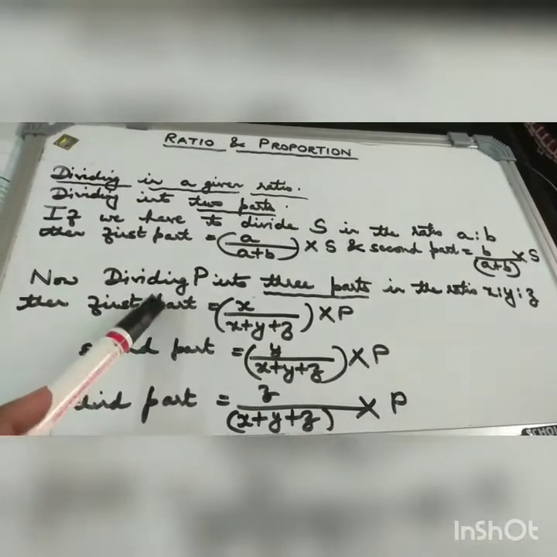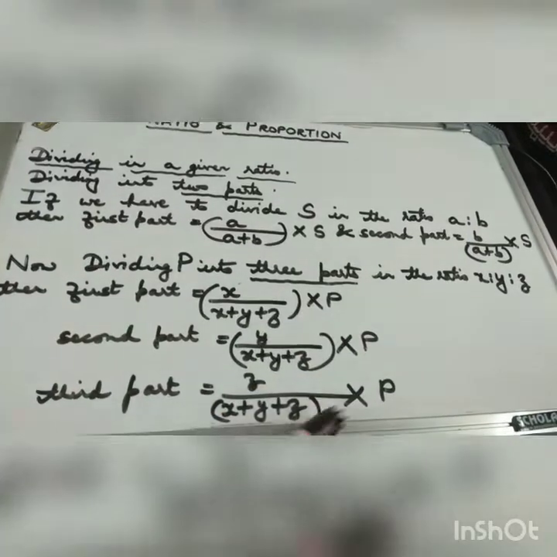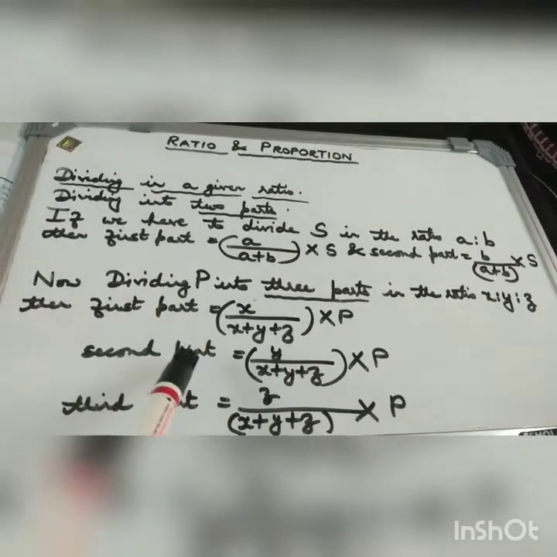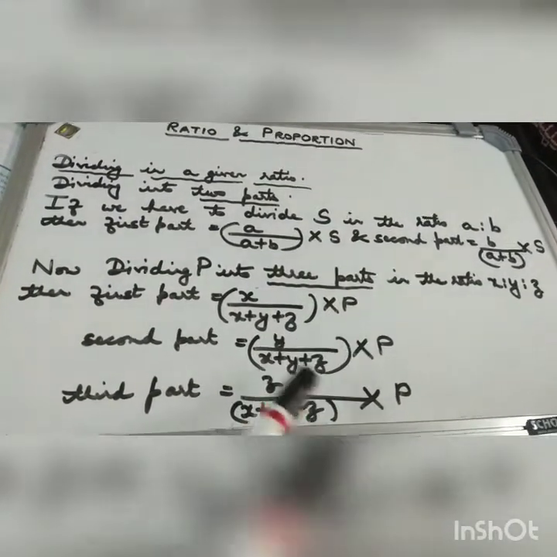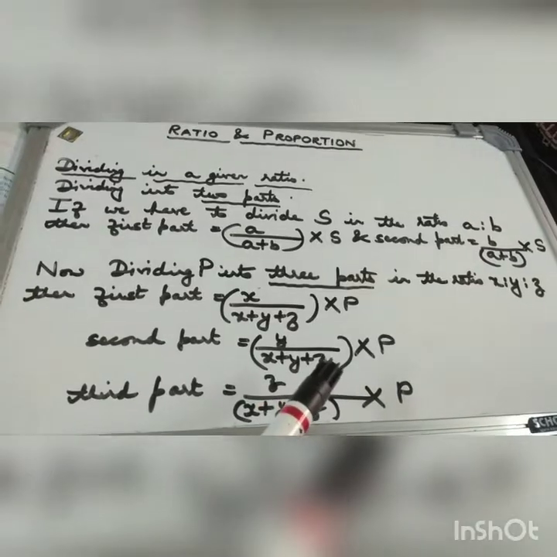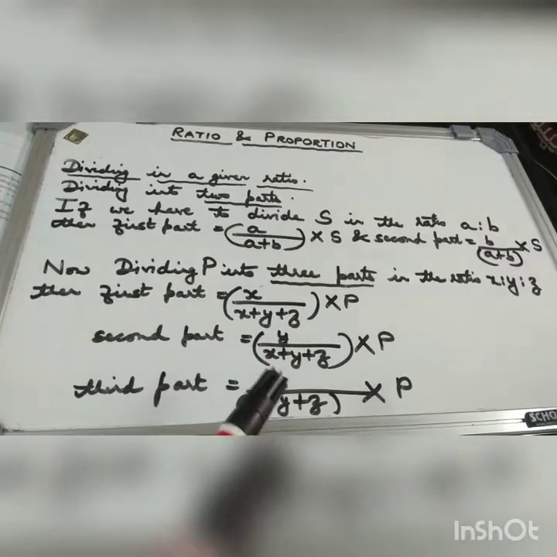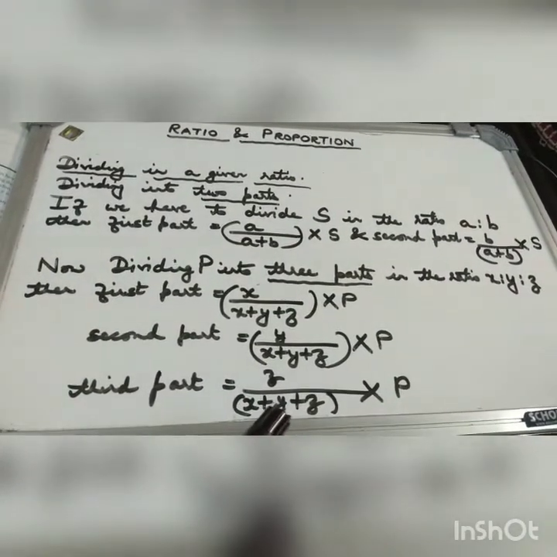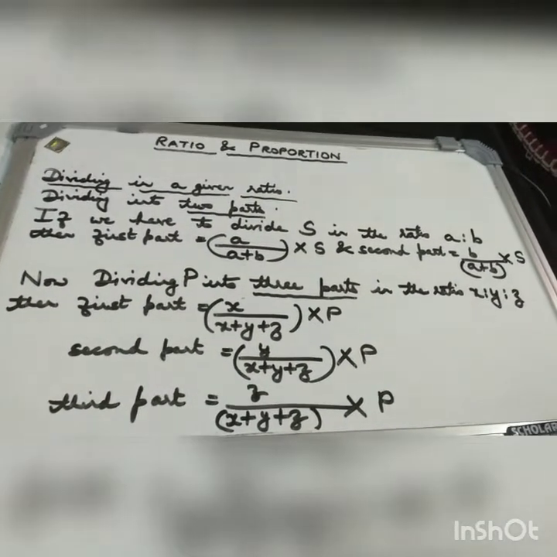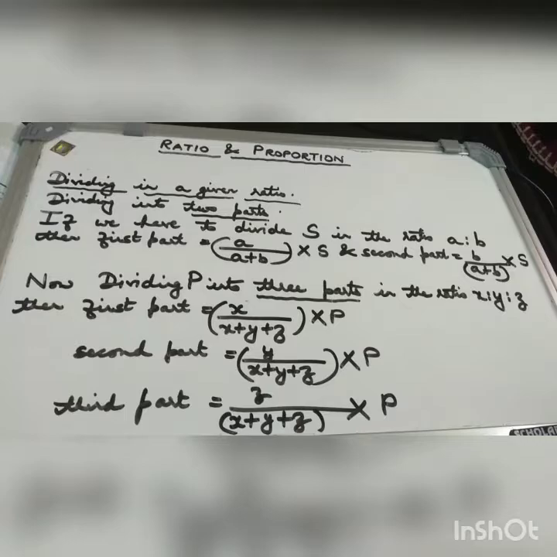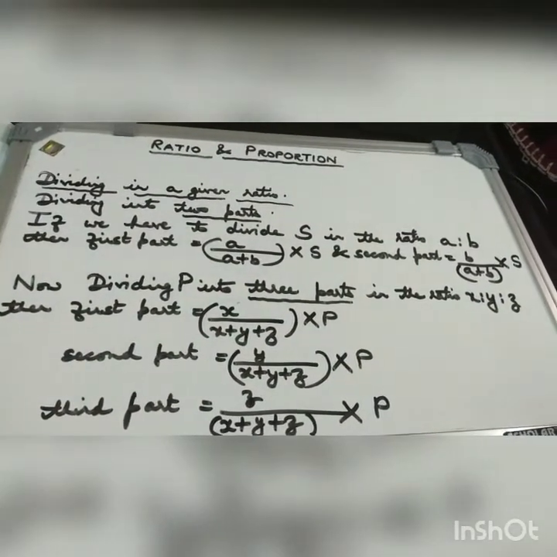Then the first part is x upon x plus y plus z into P. Second part becomes equal to y upon x plus y plus z into P. And third part will be z upon x plus y plus z into P. So that is how you are going to do the division of different parts in the given ratios.